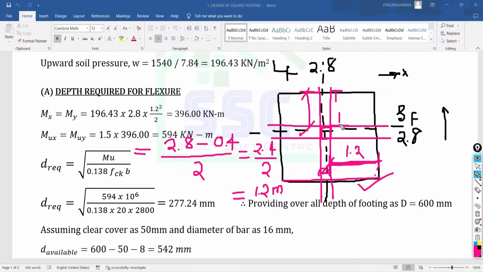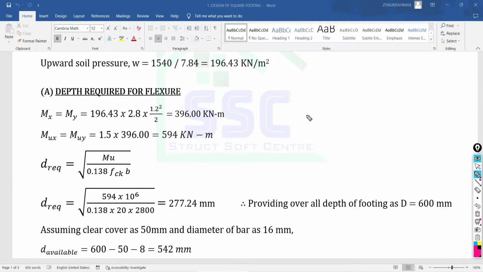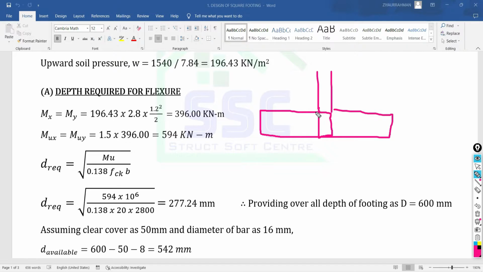In the y direction also it is 1.2 meter. In both directions, the cantilever projection is 1.2 meter. As we have seen earlier, the portion under the column is very stiff, and it is not going to be influenced by the loading from the column and the reaction from the subsoil.